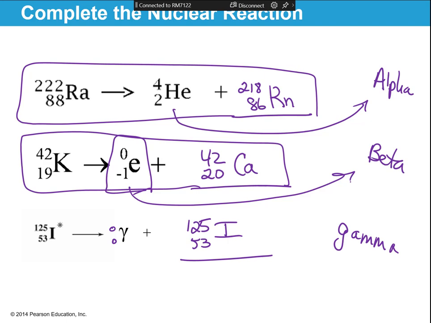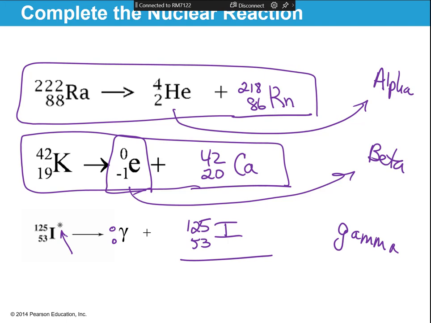The last one that we talked about was gamma decay. With that, there's no particle, no change in atomic mass, no change in atomic number, no change in symbol. So notice that that iodine 125 on the left is still iodine 125 on the right. You might notice this funny little asterisk is really just their way of noting that this has more energy than the product.